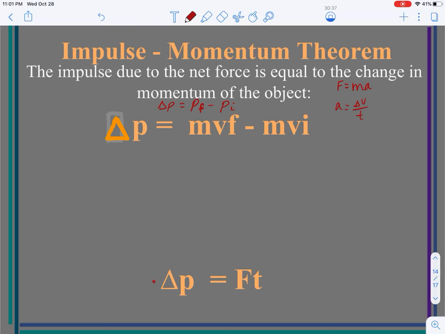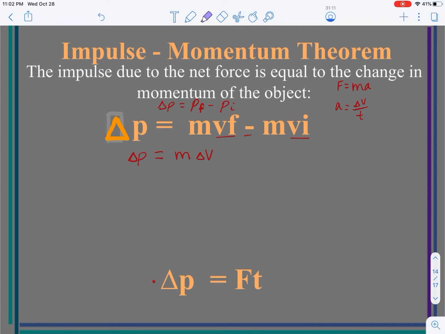So mass times velocity final minus mass times velocity initial. Basically what we are saying is that our momentum has changed because the mass stayed the same, but my velocity changed, right? That's what this vf minus vi tells me. So my change in velocity means that my object experienced an acceleration, right?